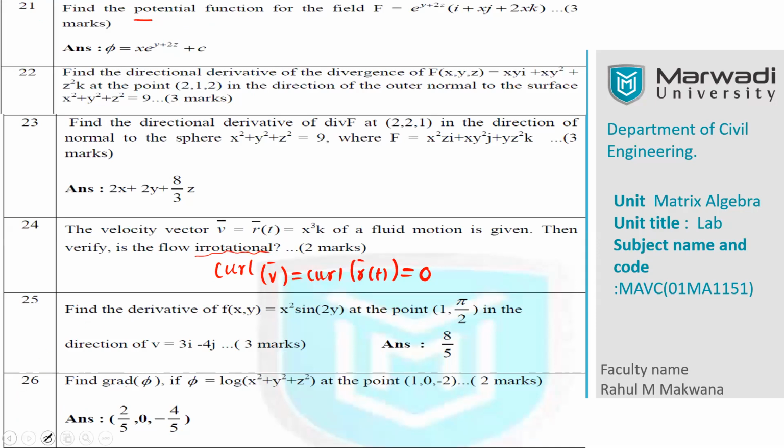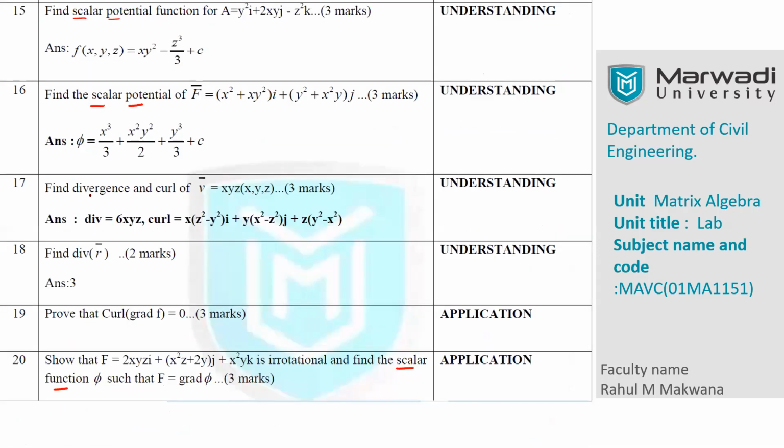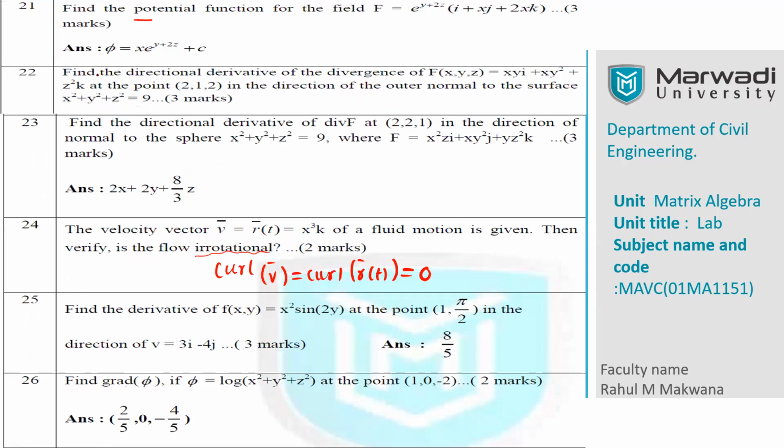So now we will see question number. Divergence is done, curl is done, A is done. So here remaining questions are 15, 16, and 20 that we will see later on. So we'll see 22 directional derivative, 23 directional derivative, 25, and we'll see gradient.